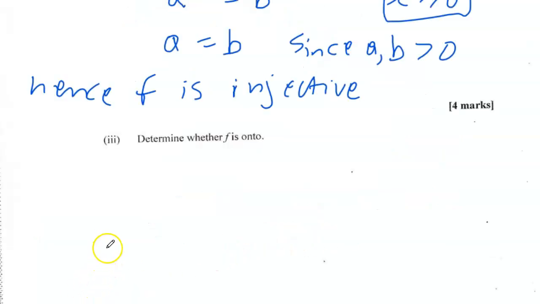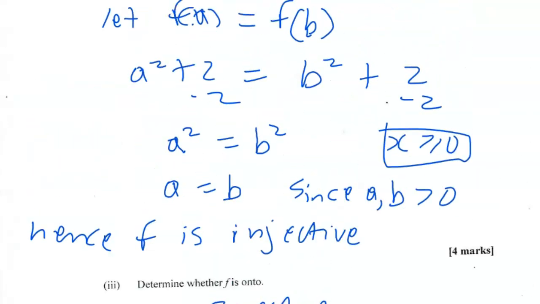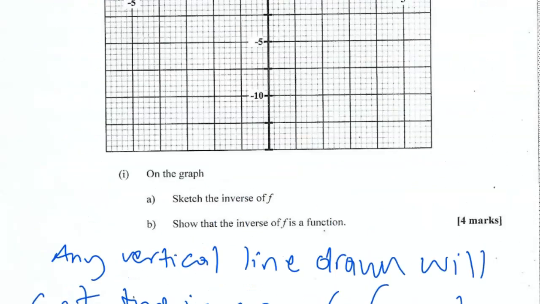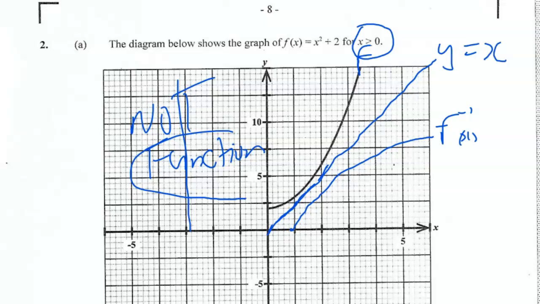Next we're asked to determine whether or not f is onto, or surjective. It's difficult to say. Let's check the definition of the function. The domain was given, x greater than 0, but the codomain was not given.